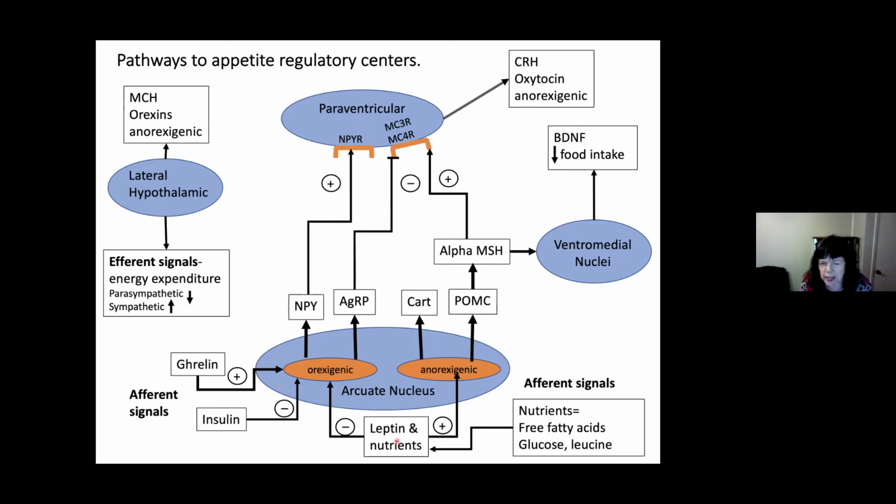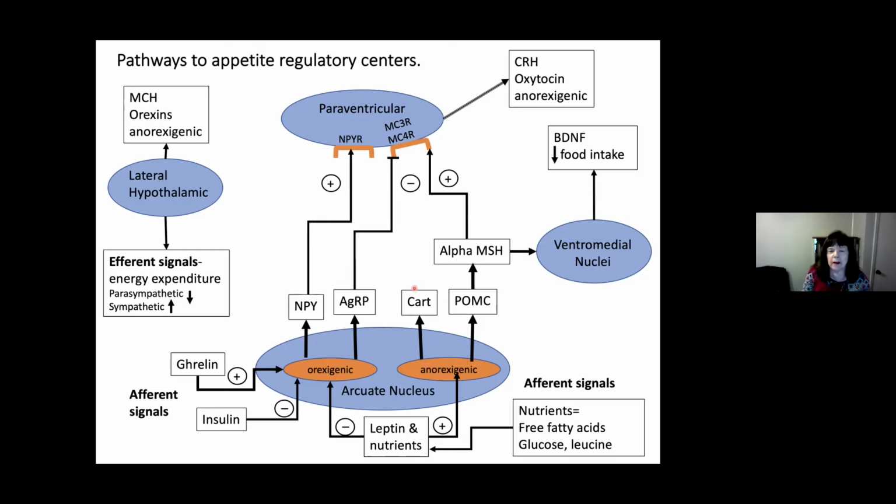Now, let's look at the anorexigenic pathway. Okay, so you've got some signals going on. Your glucose is rising, your fatty acids, nutrients. Signals are telling leptin, okay, you're done with your meal. You really need to stop eating. And so leptin will come, and it will stimulate the anorexigenic peptides to produce CART and POMC.